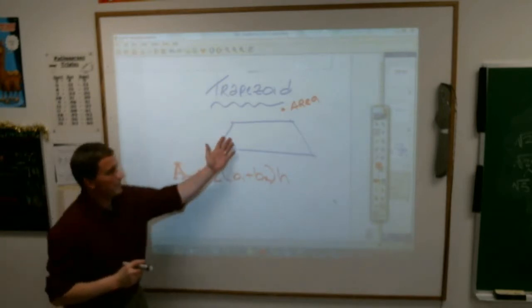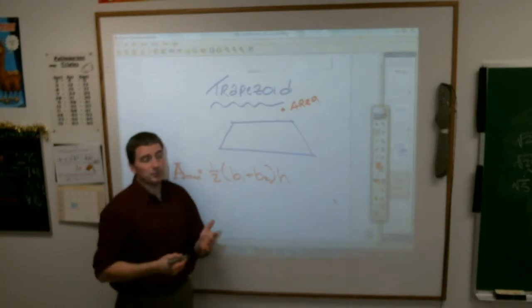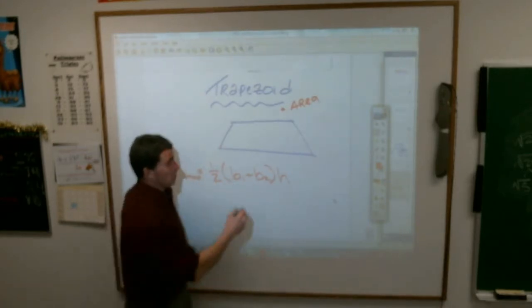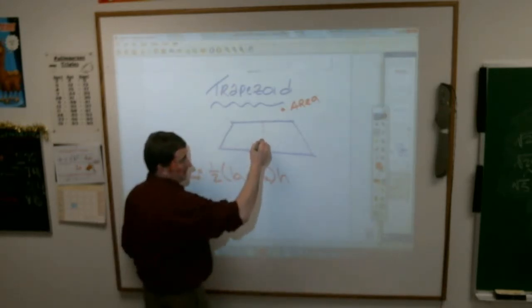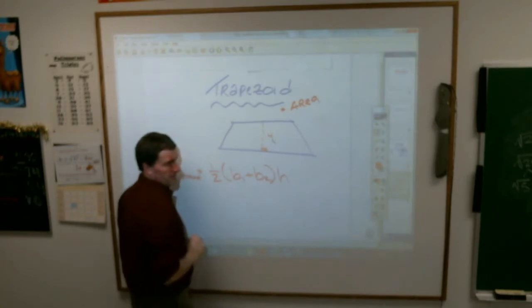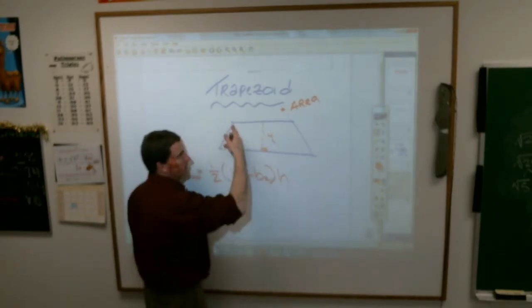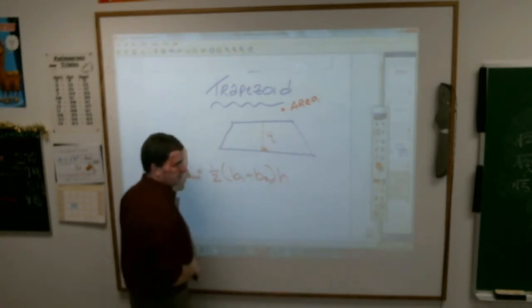Yes, and when you look at a trapezoid here, are there any lines that form right angles? No. So in a trapezoid, somewhere, there's going to be a dashed line with a little square on it, and that's going to be the height. There has to be, otherwise you can't use these sides for it.